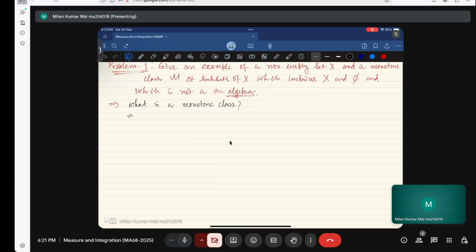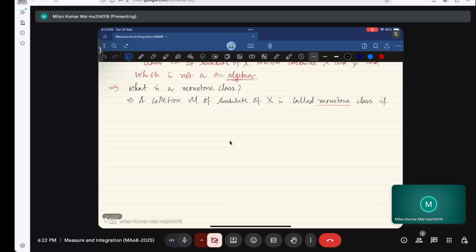Basically, a collection M of subsets of X is called a monotone class if it is closed under countable increasing union and countable decreasing intersection.